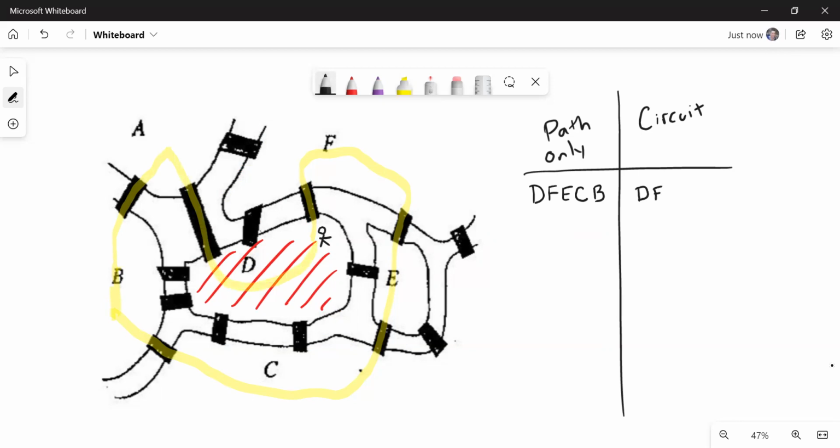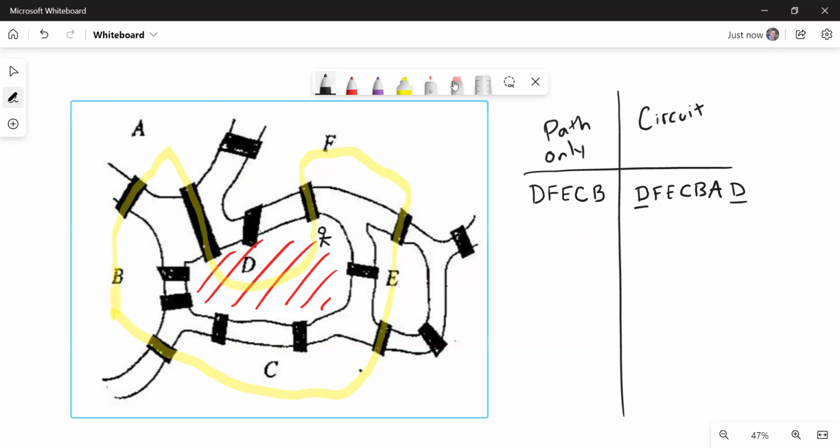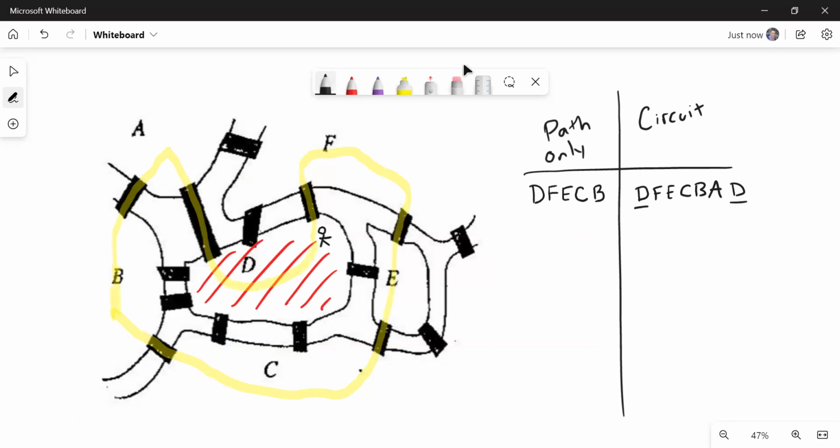It would be D, F, E, C, B, and then I went up to A and then went back to D. There is a lot of circuit opportunities. So I'm going to give you a couple of questions right now related to whether something is a circuit or not on this picture and some others. Okay, now that you've looked at those examples, and hopefully you've gotten them all correct, I hope that you've learned a lot more about what makes a circuit a circuit.